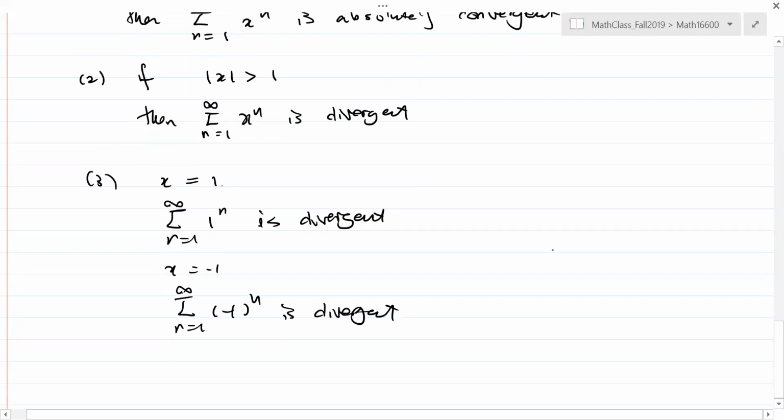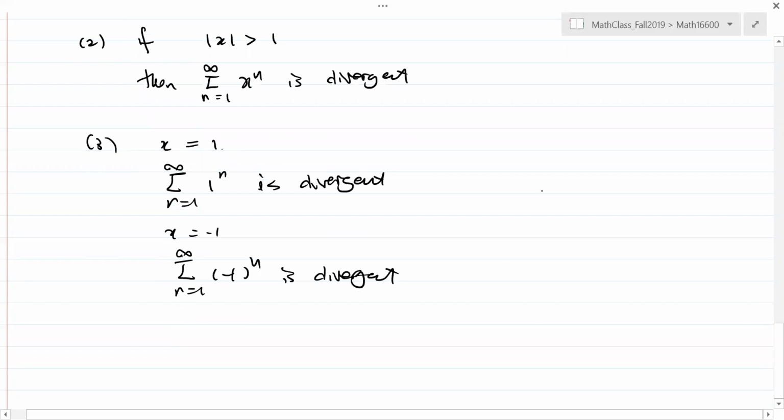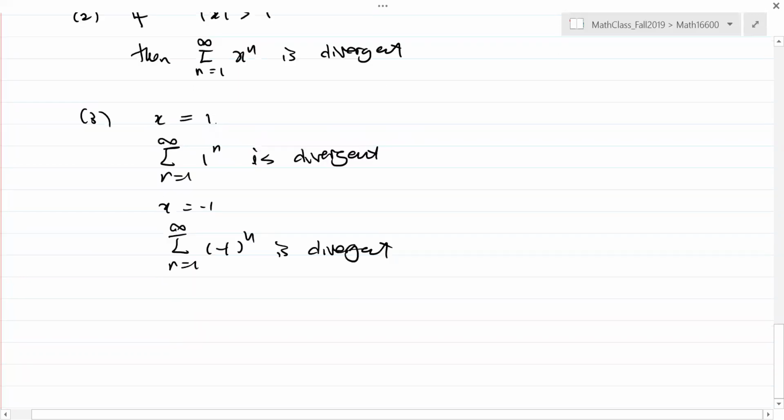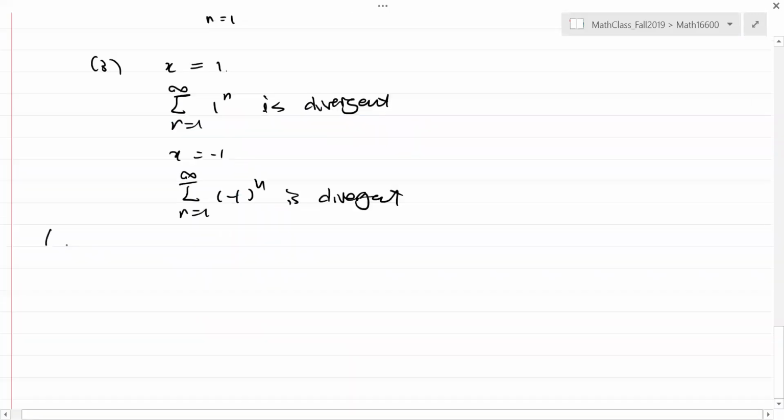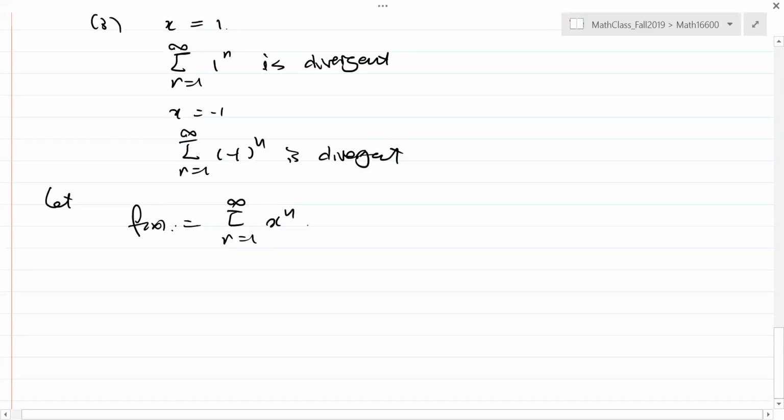I can let f of x be the sum, but this is only defined for x with absolute value less than 1. This only holds because the right-hand side is only defined for absolute value of x less than 1.